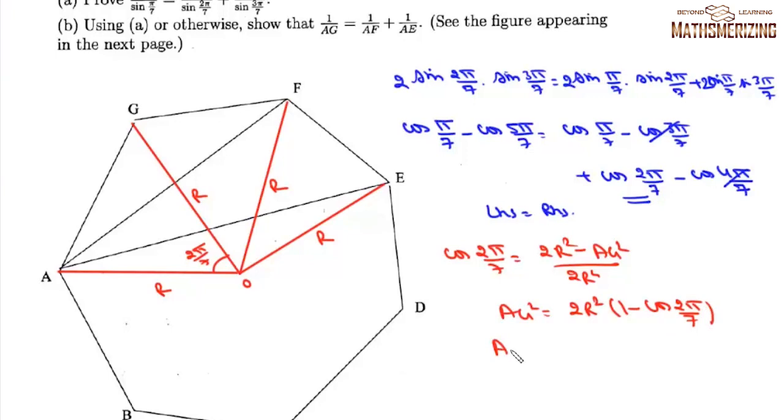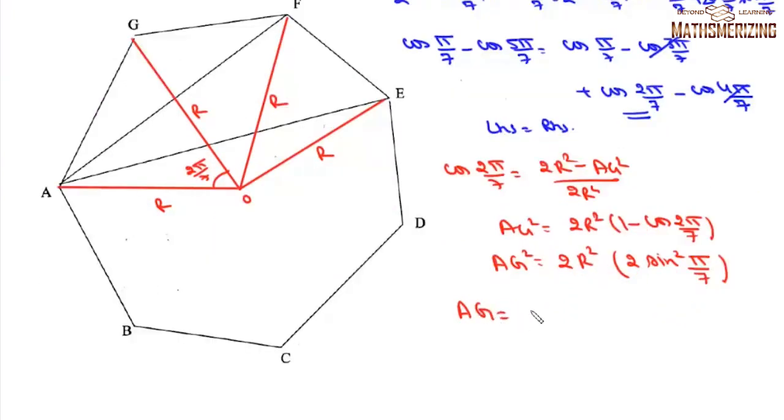So it will be AG² equals 2r² into 2 sin²(π/7). We can write this AG as 2r sin(π/7), or sin(π/7) equals AG/2r.